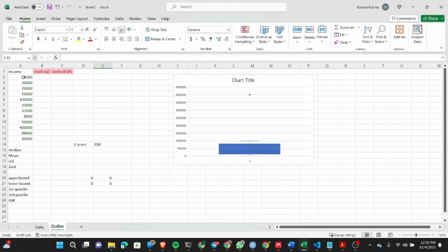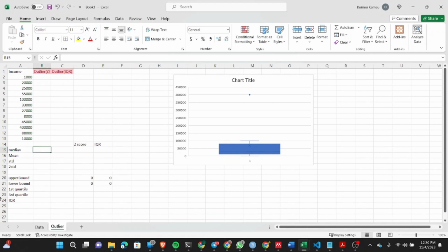So if you decide that you want to flag the 5% of the data that is furthest out, then you can use two standard deviations. The rule of thumb is that two standard deviations away from the mean is an outlier, or three standard deviations if you don't want to get figures that you're not sure whether they're outliers or not.